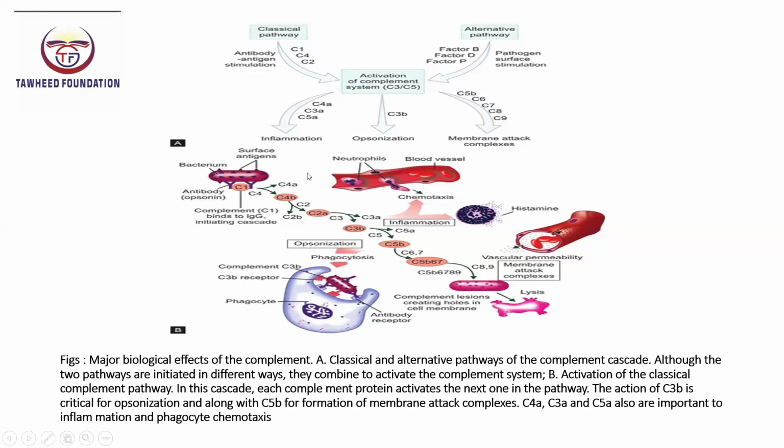Fourth, complement bridges innate and adaptive immunity by helping in antigen presentation and enhancing B cell antibody response. And fifth, lastly, complement aids in clearing immune complexes and apoptotic cells, which is vital for preventing autoimmune reactions and maintaining health.